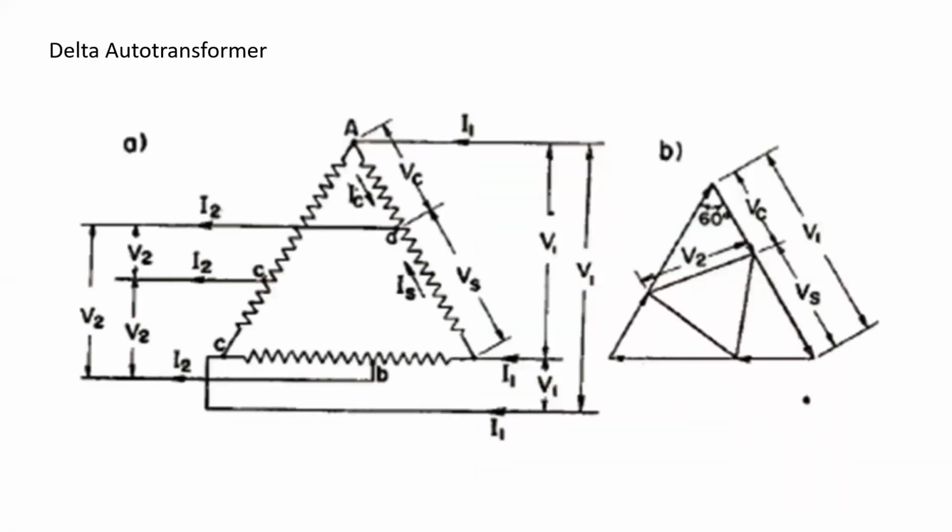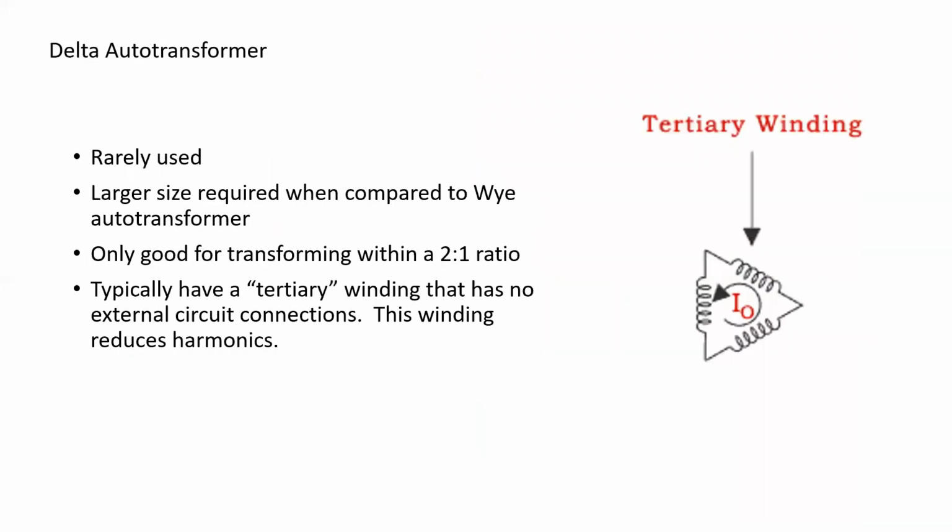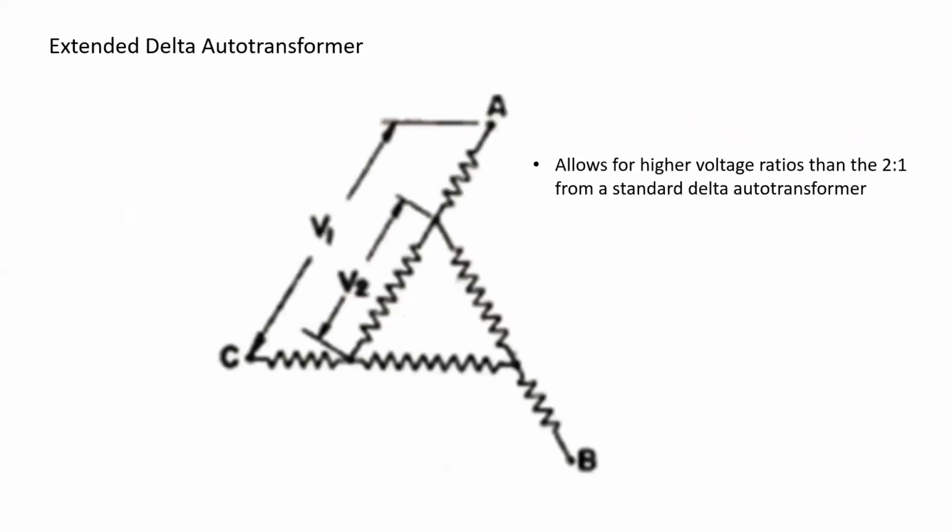A delta autotransformer is very similar, however, it is rarely used. It's usually a larger size when compared to a Y autotransformer. It doesn't really have a massive transforming ratio, and again, it has this tertiary winding. So delta, we don't really use too much. Along with the extended delta autotransformer, I can't say I've actually seen one of these ever or seen one advertised by a manufacturer, so we're not going to spend much time on this one either.